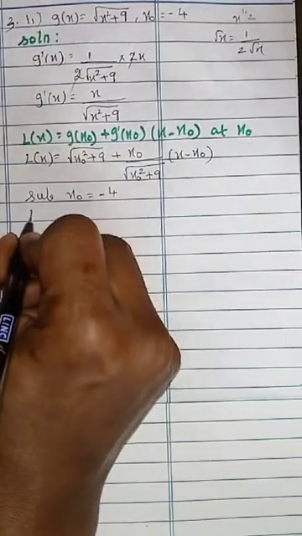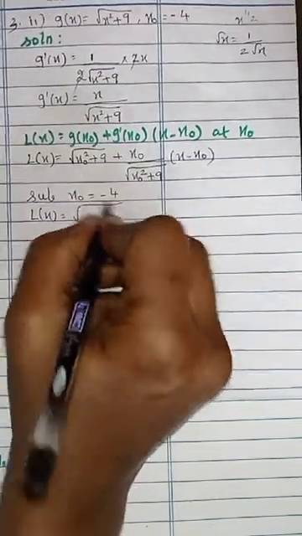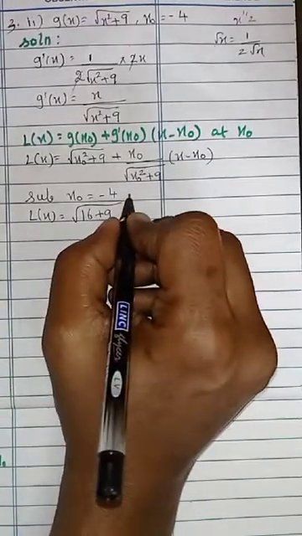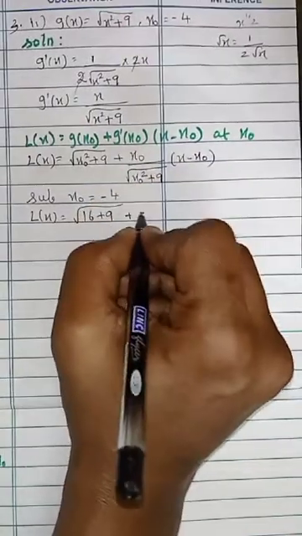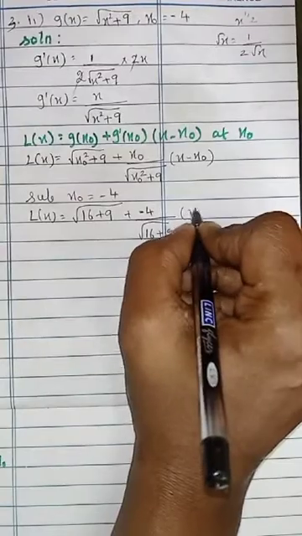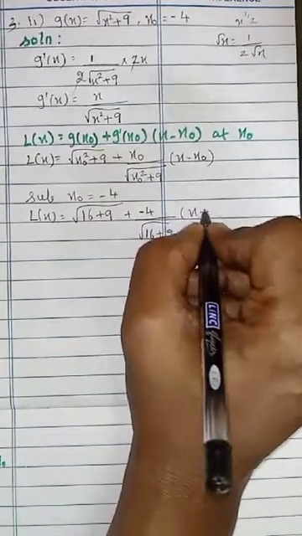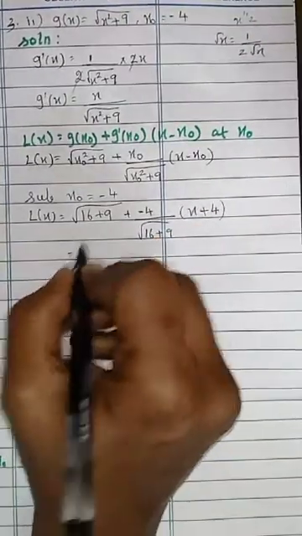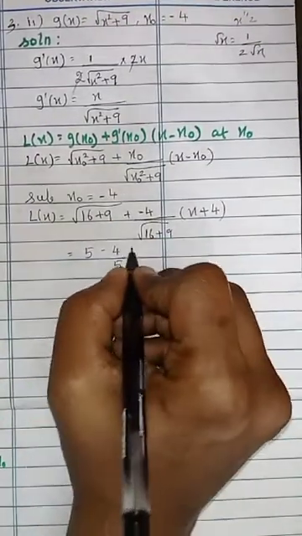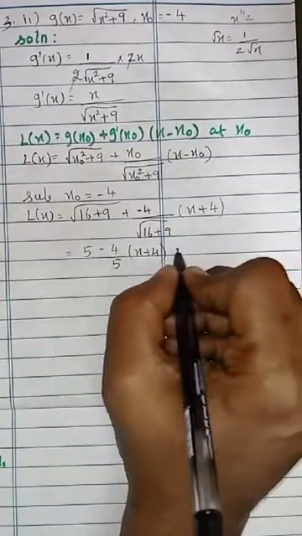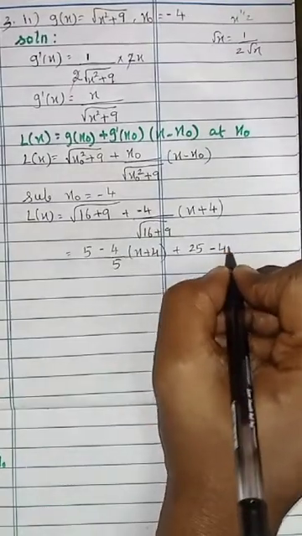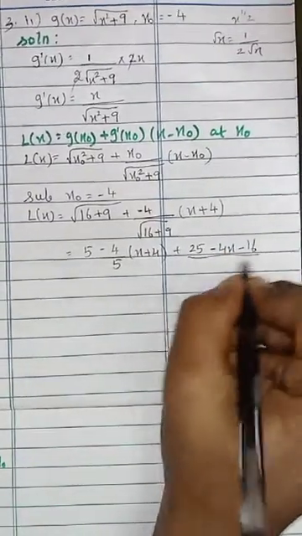So this will become L of x equals, 4 square is 16, so square root of 16 plus 9, plus minus 4 by square root of 16 plus 9, into x plus 4. So that is 25 over root, 5 minus 4 by 5 of x plus 4, and taking LCM, 5 fives are 25 minus 4x minus 16, divided by 5.